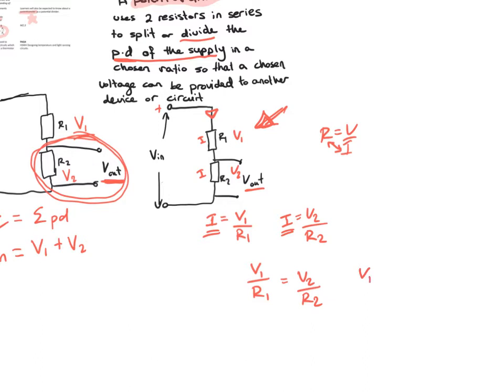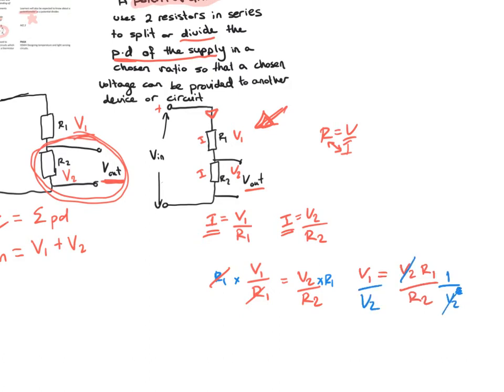So if I times, let me just do it step by step. If I times both sides by R1, I will have V1 is equal to V2 R1 over R2, since R1 divided by R1 is 1, so we can get rid of it. Then if I divide both sides by V2, V2 divided by V2 is 1.